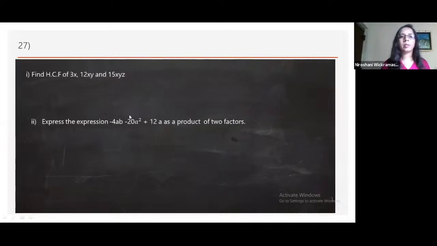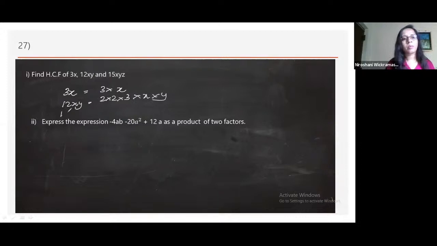Question 27. Find the HCF of 3x, 12xy and 15xyz. 3x is 3 into x. 12xy is 2 into 2 into 3 into x into y. 15xyz is 3 into 5 into x, y, z.